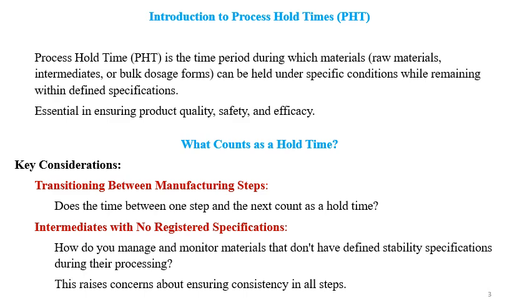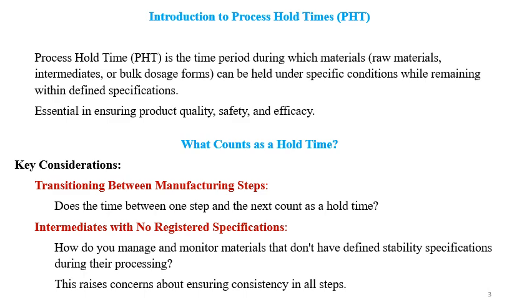Intermediates with no registered specifications: if the intermediate material does not have any specification, for example dried granules or milled granules, these do not have in-process specifications. How do you manage and monitor material that doesn't have a defined stability specification during processing? This raises concern about ensuring consistency in all steps.